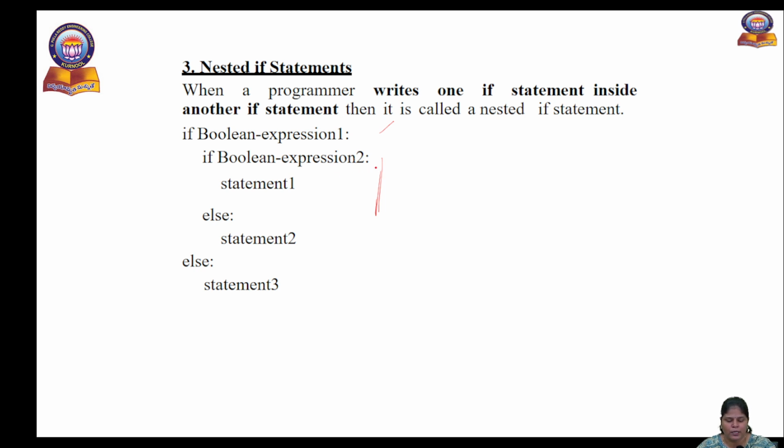If Boolean expression 2, this statement will be executed, else this statement. If this condition is false, this inner if will not be executed, this else statement will be executed. Here, this particular if we call the outer if-else statement. These we call the inner if statements, right?